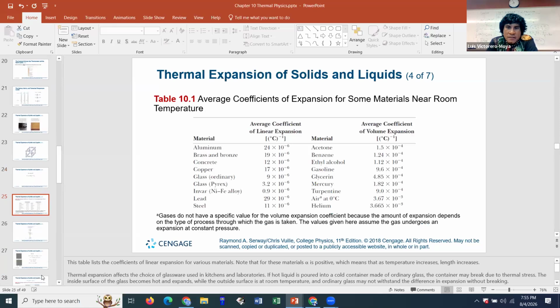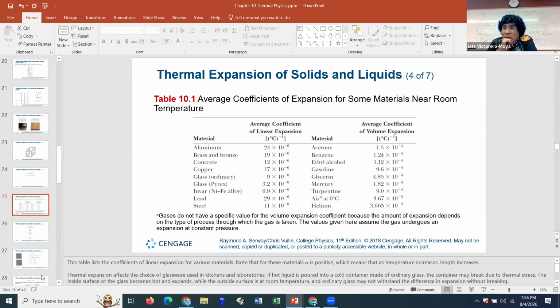And by the way, here it is. So look at the coefficients of expansion. We have for fluids and we have for solids. Aluminum, gasoline, mercury. So remember I was telling you guys about the problem that we did with a column of mercury? Why we use mercury a lot in some applications, for example, in thermometers.